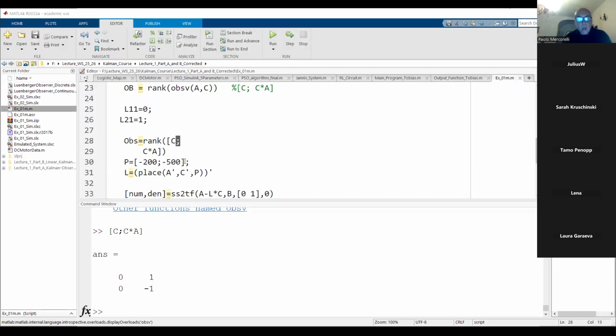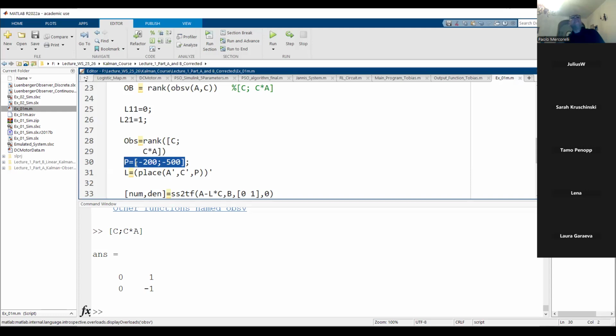Now, look, I fixed here a column of the eigenvalues of the observer. Please pay attention. The eigenvalues of the observer are minus 200, minus 500. For the engineer, it's clear that the eigenvalues must be negative.